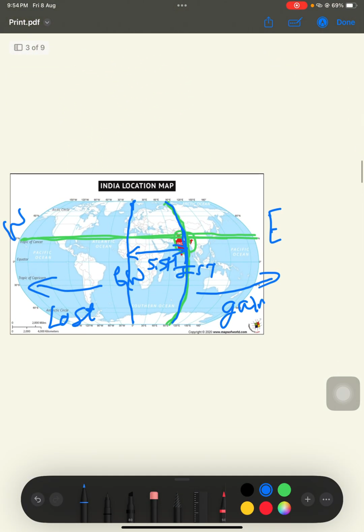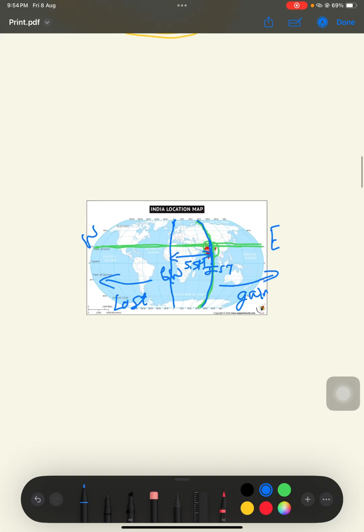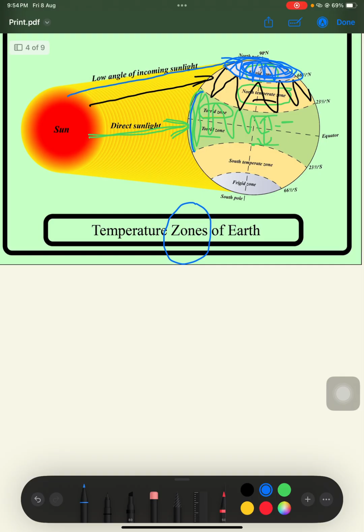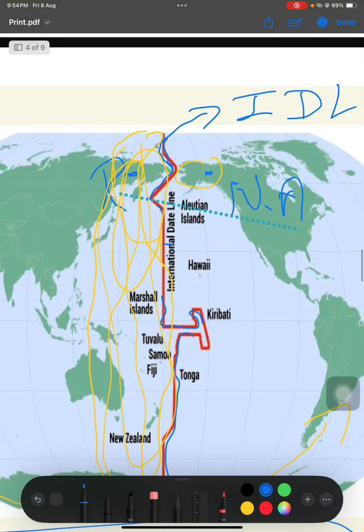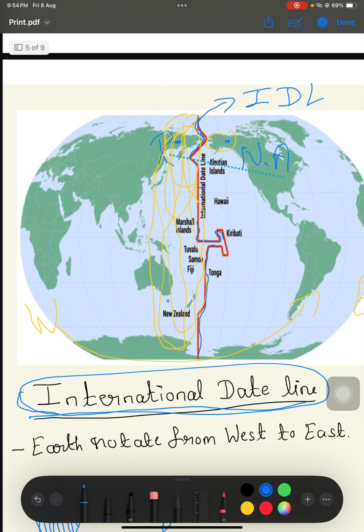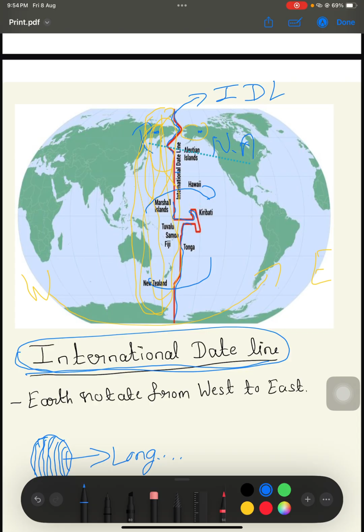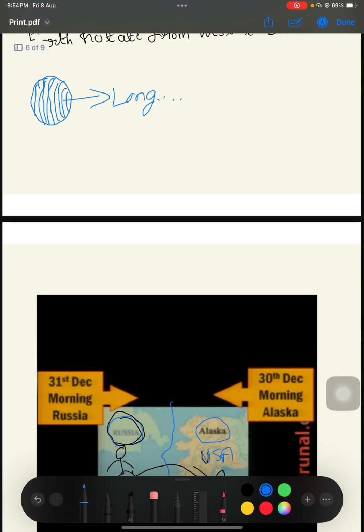And why we want longitudinal lines and latitudinal lines, all I discussed in this picture. And next, the zones where the sun rays will hit directly are called the torrid zone, temperate zone, and frigid zone. And why we want the international date line, I discussed this one. Whenever someone is crossing from here to here or else from here to here, the date has to change.